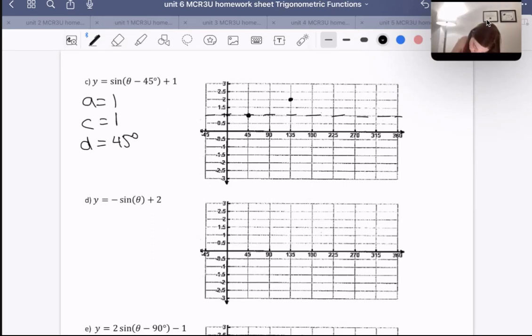So let's draw that, and there, and there. And then we can draw another one on this side, I suppose. And there. And then there.